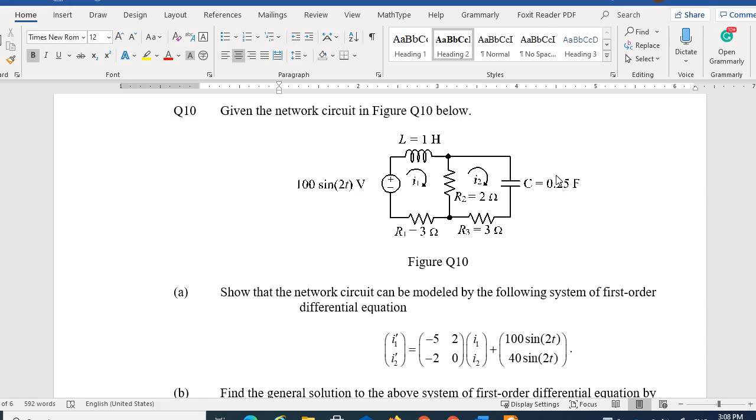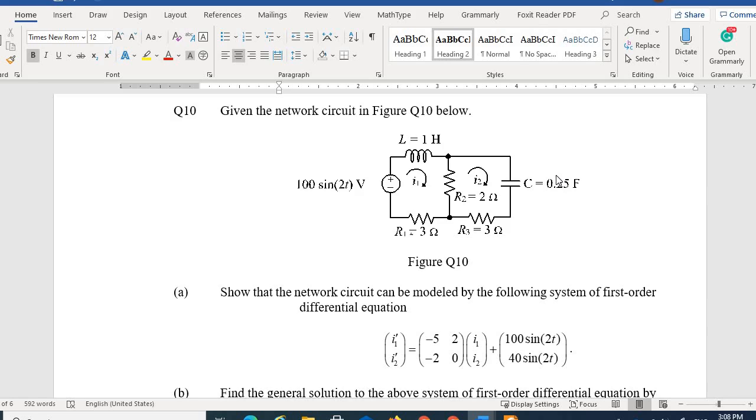In the middle you have R2, which is 2 ohms, and in the left loop at the bottom another resistor, R1 equal to 3 ohms. In the right loop you have a capacitor C equal to 0.25 farads, and at the bottom R3 is 3 ohms. Let's denote the current flowing in the left loop as I1, and in the right loop as I2.